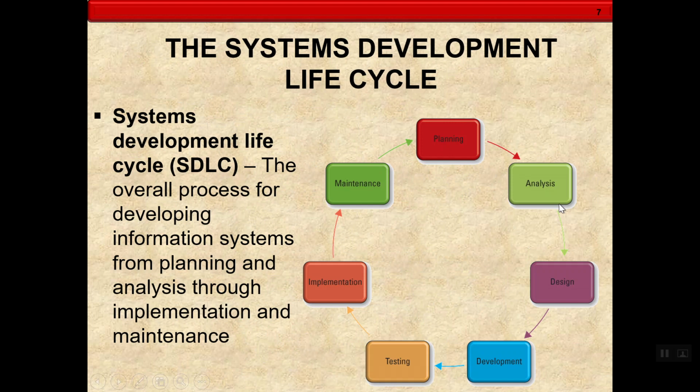And analysis is taking that initial discussion, building it out, providing details. Once that's been established, then a design can be developed, which is actually the high-level structure of what this application should look like and how it should all come together.